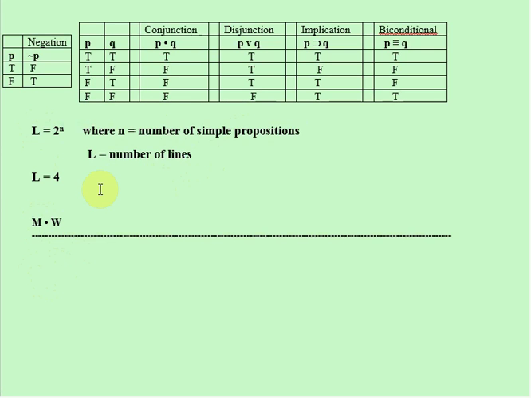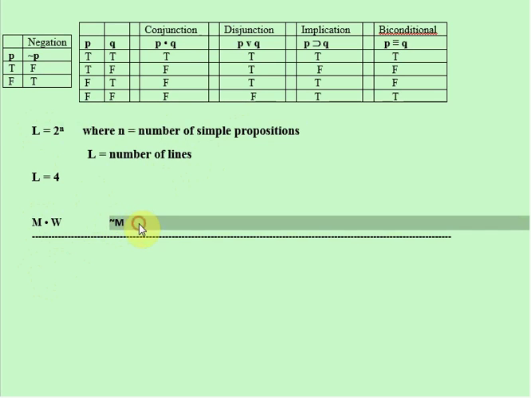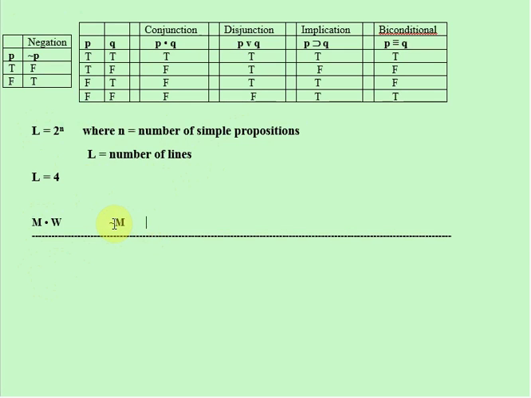So we never count, if we had, for example, tilde M, which would be the negation of M, that would already count as complex. Don't think that that is simple. Not M, the negation of M, is already complex. So M is simple and W is simple.